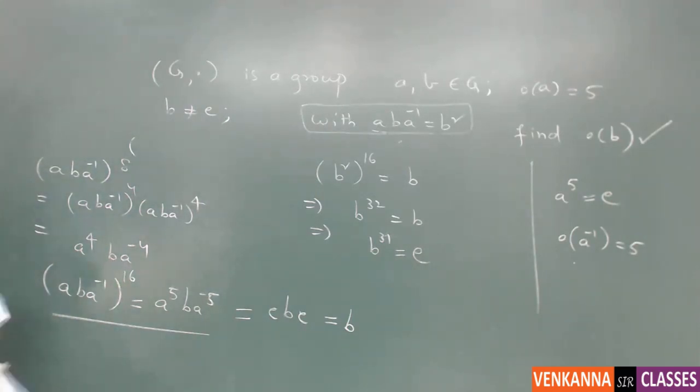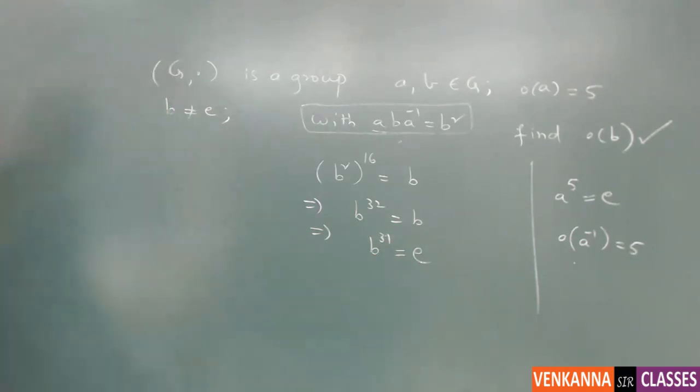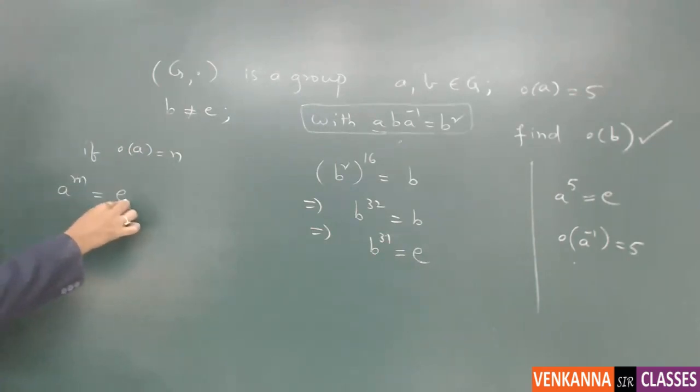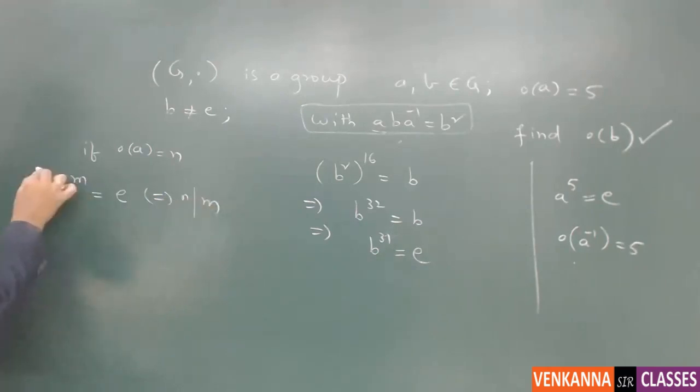So for this, just now we have proved a theorem that if the order of an element is n, then a power m is equal to identity if and only if n divides m.